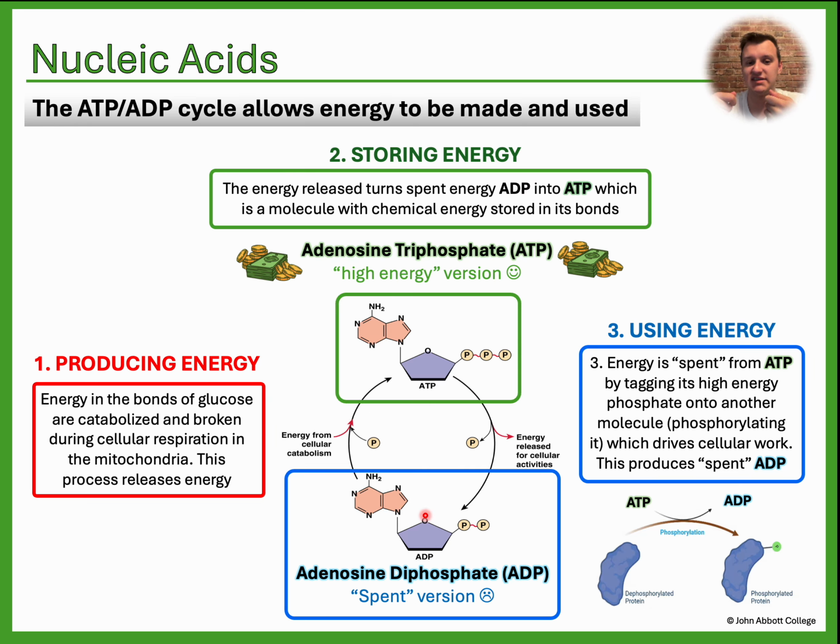We have a currency. That's why I like to call ADP and ATP a currency of the cell, because it's a way to exchange things, a common way to exchange things in the cell. So same situation over here, right? When you eat glucose, that energy gets converted into a dollar bill, into ATP, which has a lot of energy, right?